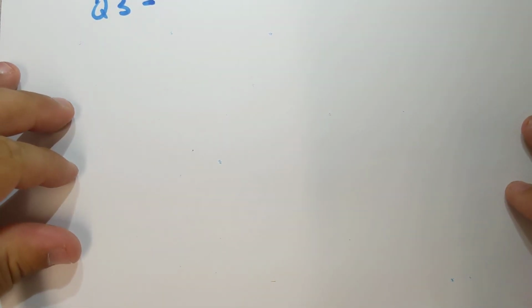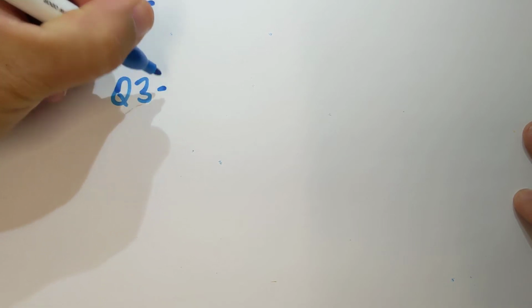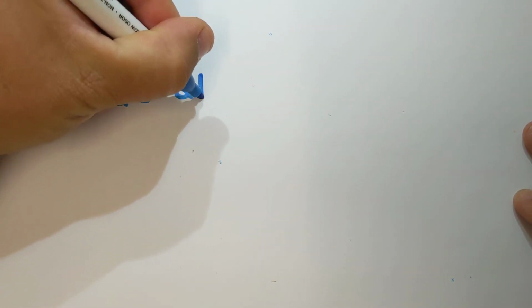And the fourth thing we need to do is find the IQR. To do this, we're going to take Q3 and subtract Q1.